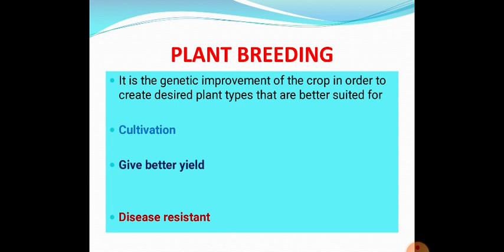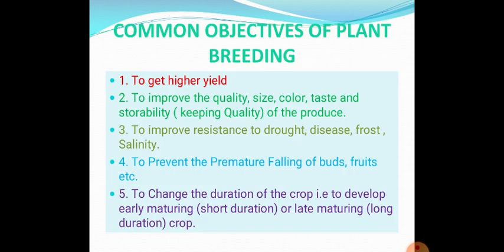But the aim of plant breeding differs with the type of crop, the type of soil, and the type of climate. But still, there are common objectives of plant breeding.